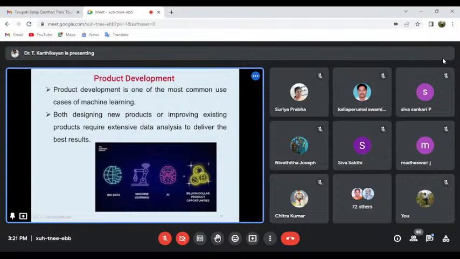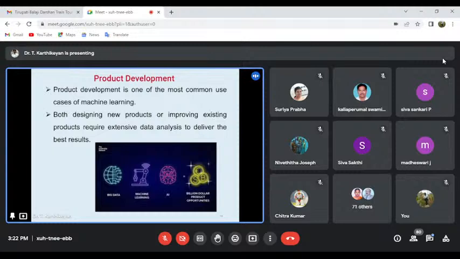So when you apply this type of machine learning in particular product development, we can also develop new products. So this will give you new business opportunities. This can help improve existing product design as well as develop better products that can create new revenue streams for the businesses.